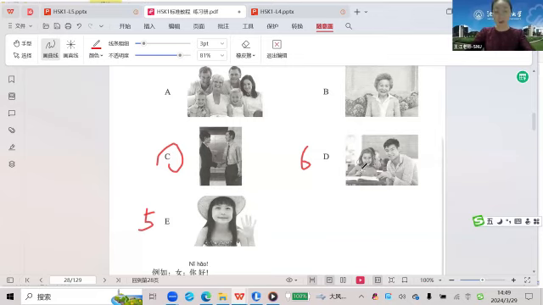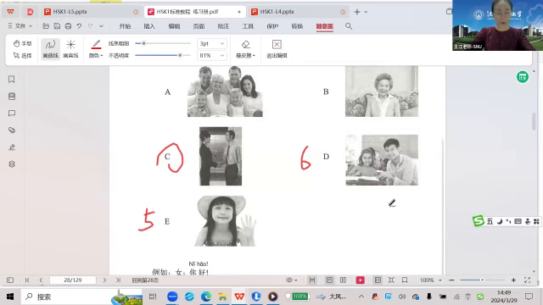Dialogue 6. 你们的汉语老师今年多大了？Can you understand? How old is your Chinese teacher this year? 多大? We have learned it.